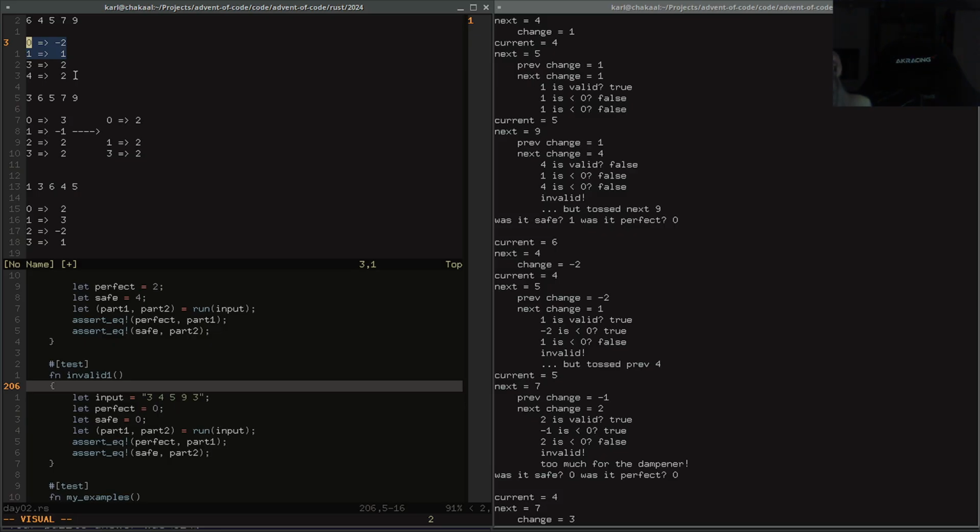So it's almost like we need to build the list. Like we need to go through and make a decision about what the right answer is, assuming we can come up with one, and then we need to figure out which one to toss out.